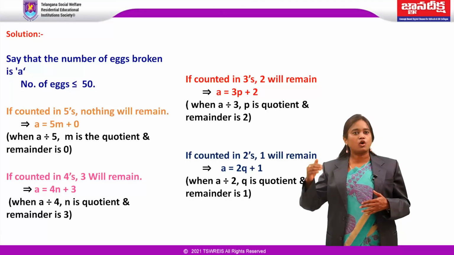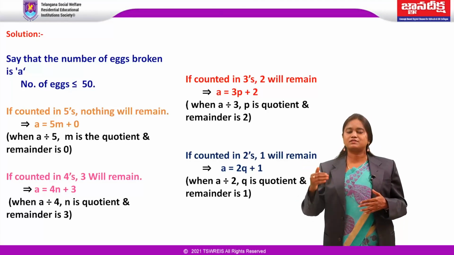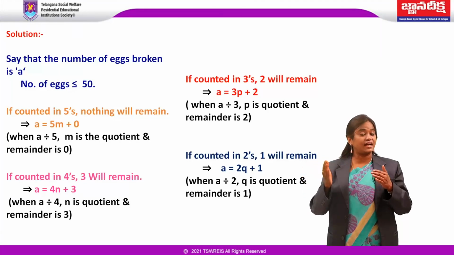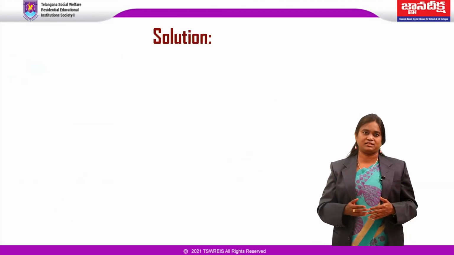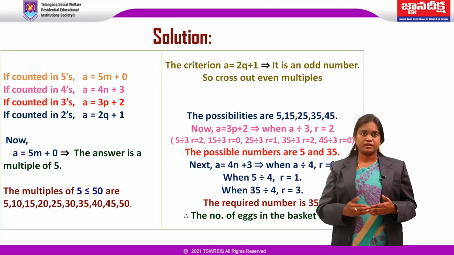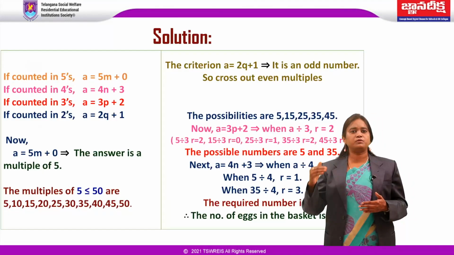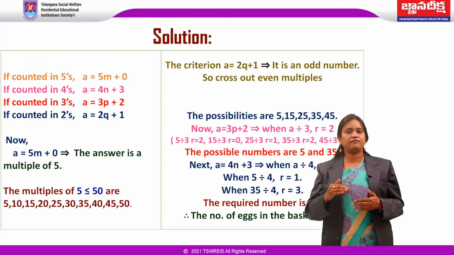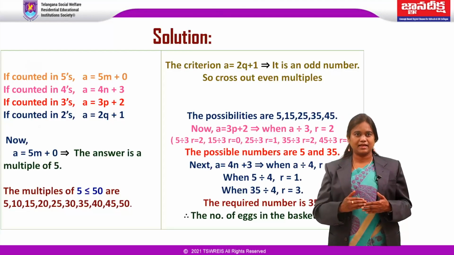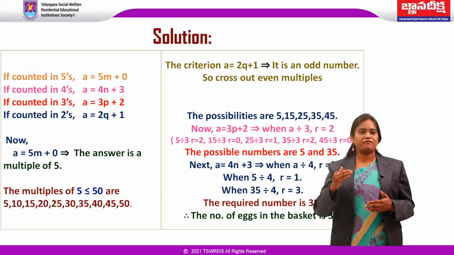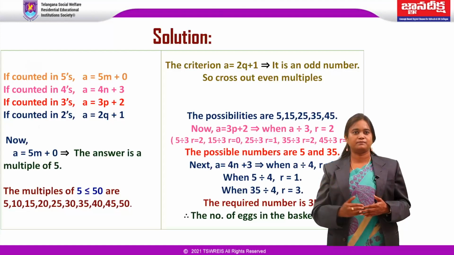Now, to solve it, we must look for the multiples of 5 which satisfy all the conditions, because if the eggs are counted in fives, nothing will remain. That is, A is equal to 5m plus 0.